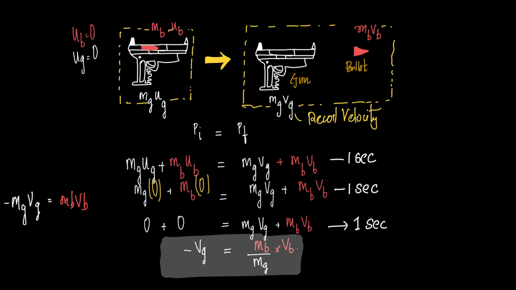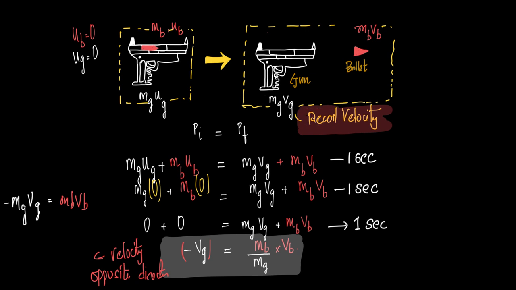This minus represents that the velocity, since we say it is velocity and not speed, is in the opposite direction, right? Velocity is in the opposite direction, and it is this minus vg that we call the recoil velocity, right? Recoil velocity of the gun.